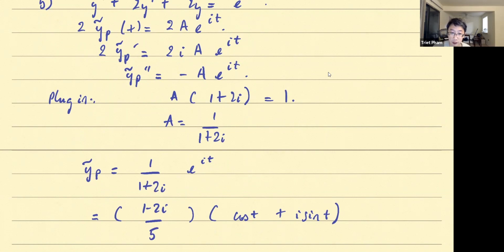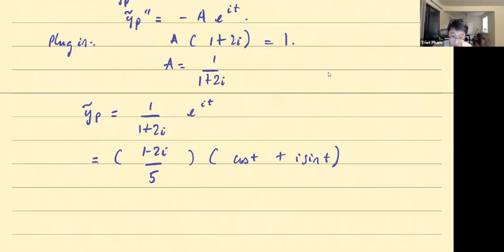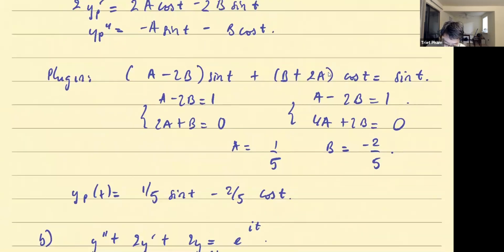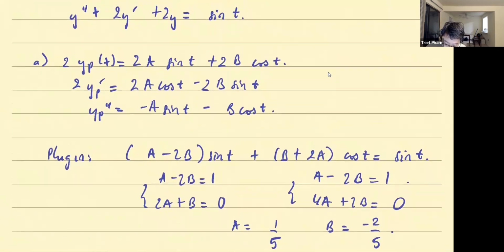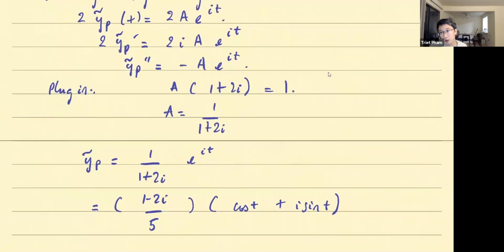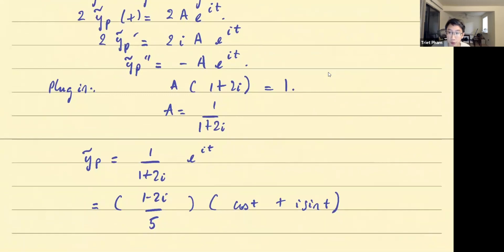Tell me if I'm moving too quickly, or this is fine. Okay, assuming that we're okay. So what are we looking for? We're looking for sine, and if you're lazy, you're just looking for the imaginary part. So you don't have to write down the whole thing.